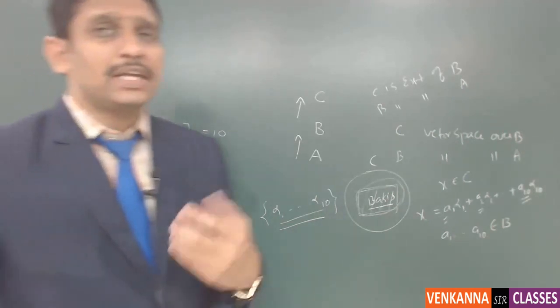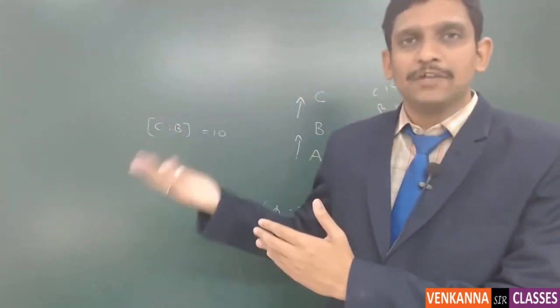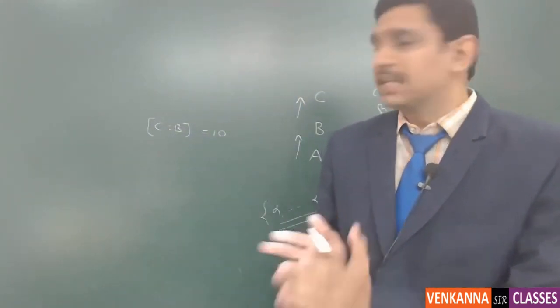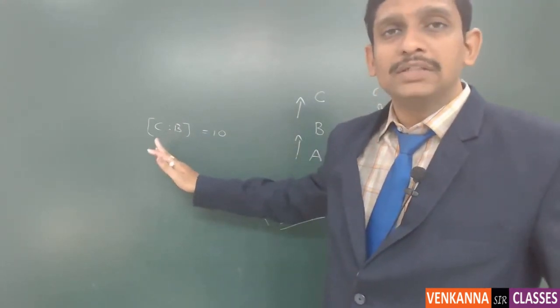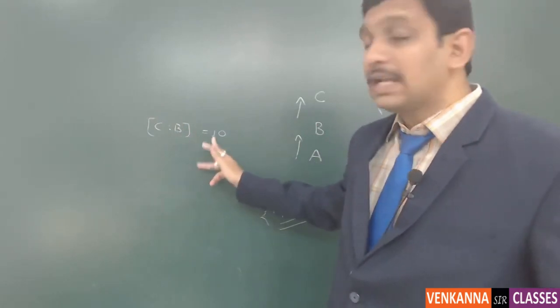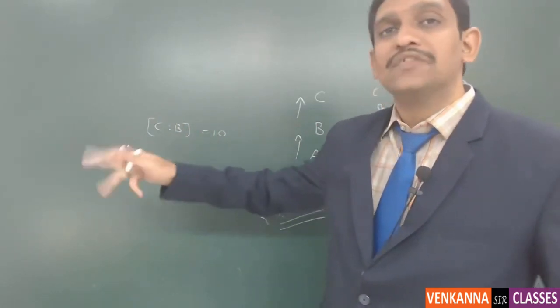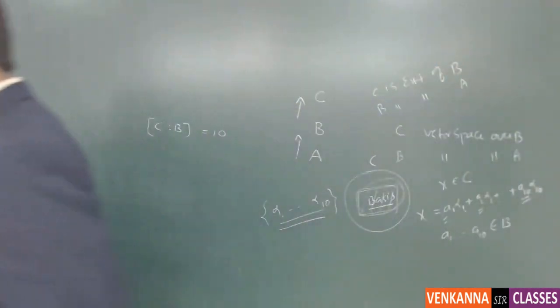So C may contain so many elements, but these 10 elements will generate C. So in particular, apart from the values in B, you can have 10 additional elements in C, which will generate the whole set C. That is the idea behind it. Clear? Are you clear or not?